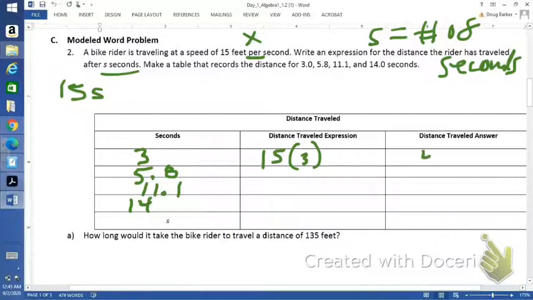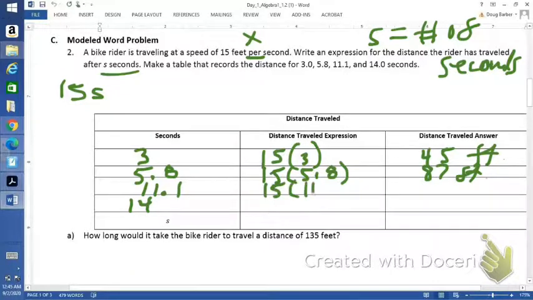So 15 times 3, that's going to give me 45 feet. 15 times 5.8, it's 87. 15 times 11.1, that's 166.5.